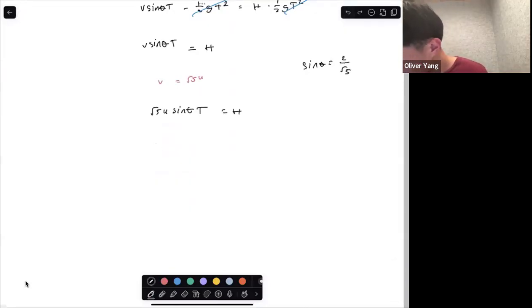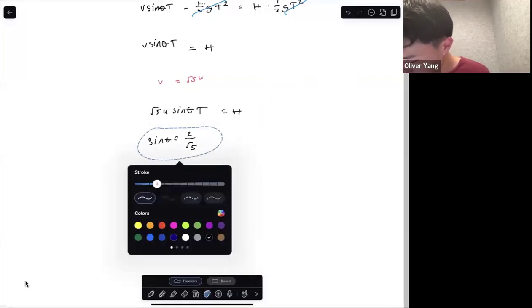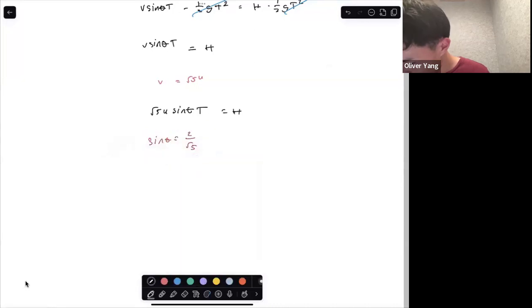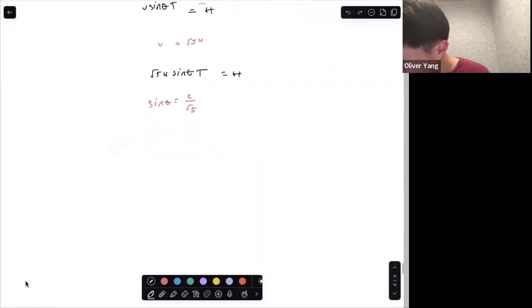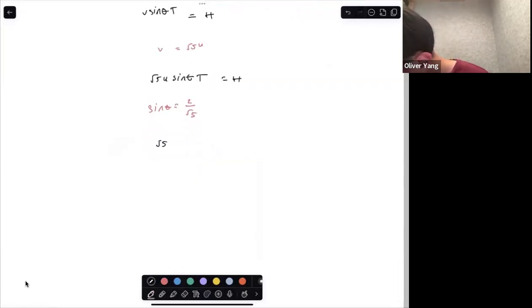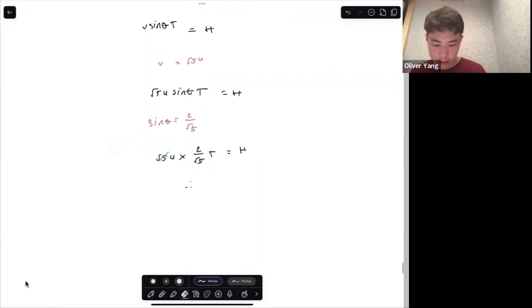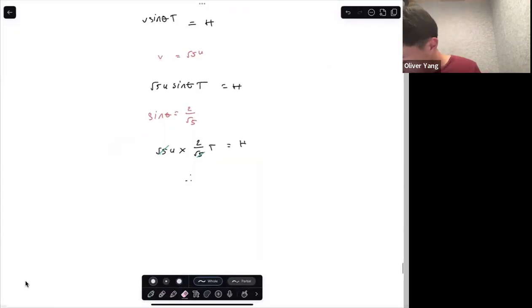So let's put this in. So we get root 5 u times 2 over root 5 t equals h. Therefore, these two cancel out. What are we trying to equal again? We're trying to make t the subject, so t equals h over 2u.